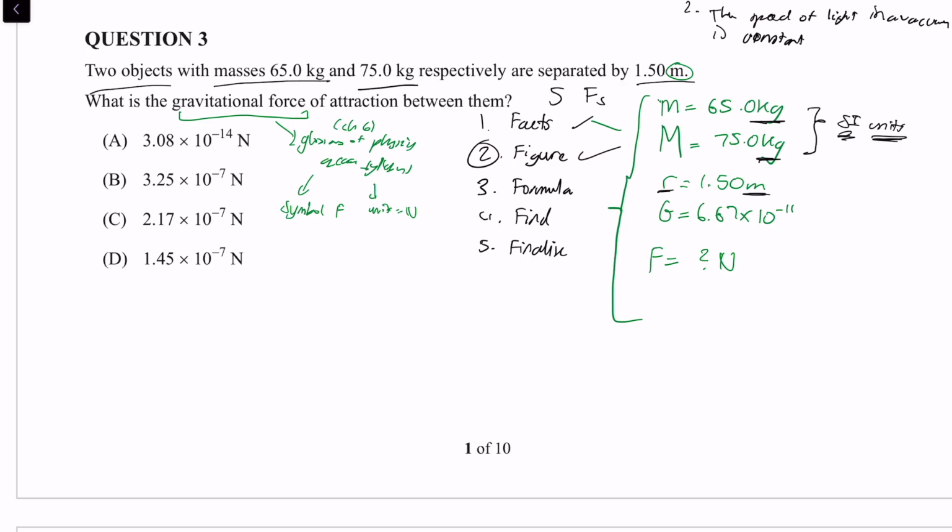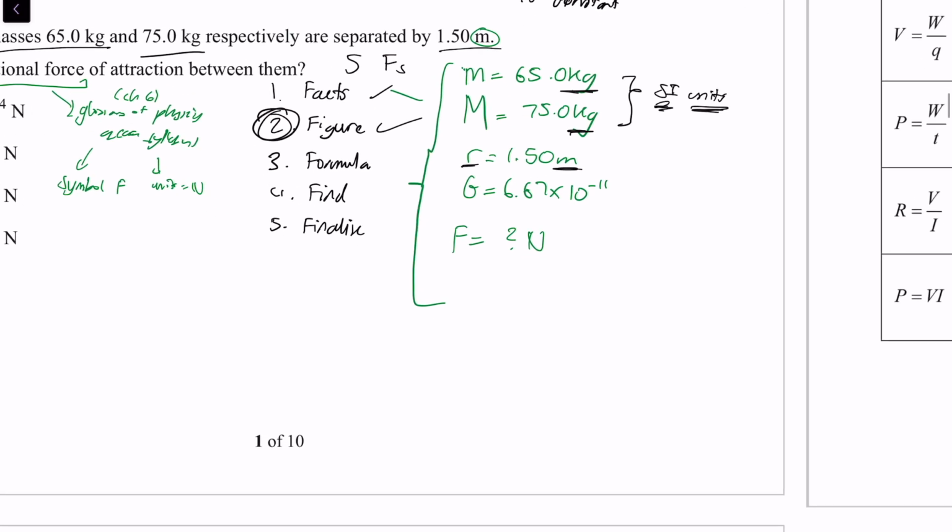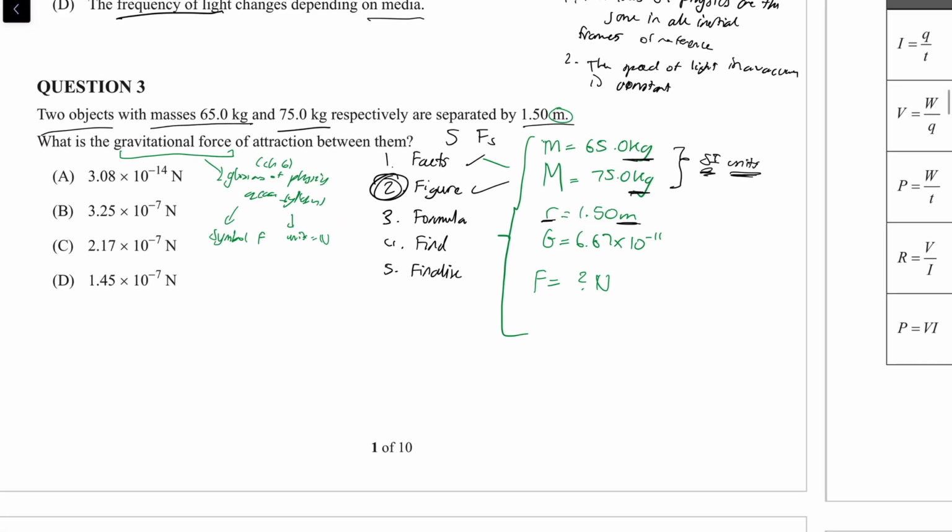Right? Cool. Now we're up to step 2 of the 5 F's, and I would just draw 2 masses, labeling the key features of them.